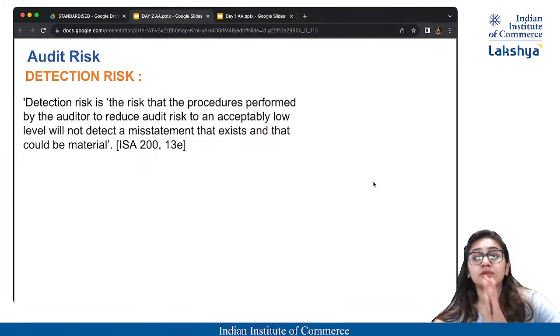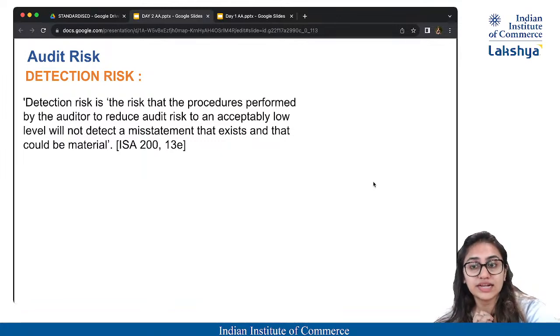They are not able to catch this risk. That is known as detection risk. So detection risk is the risk that the procedures performed by the auditor to reduce audit risk to an acceptably low level will not detect a misstatement that exists and that could be material.